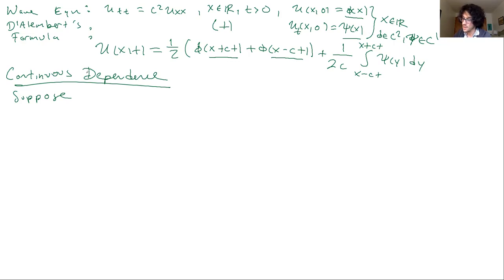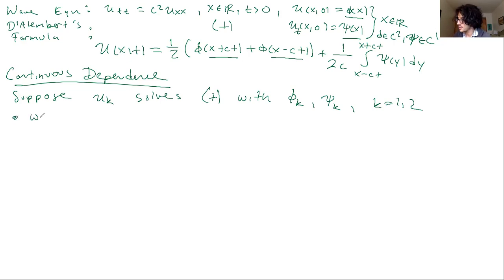Okay, so suppose that u_k is a solution to that initial value problem with initial position phi_k and initial velocity psi_k, for k equals 1 and 2. So we have two different initial value problems, but their initial data are presumably not far from each other.